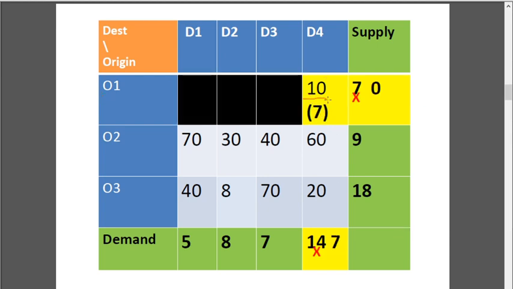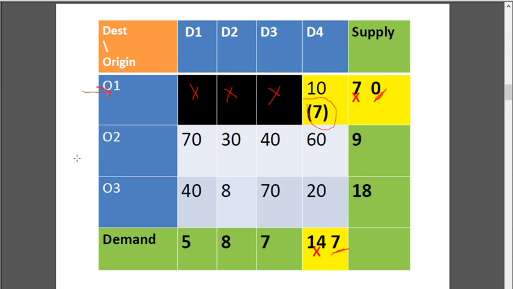If I supply 7 units, at the destination, the demand becomes 14 minus 7, that is 7, and the supply becomes 0. Since the supply is 0, you can delete the remaining cells in that row. So now the first row, origin O1, has been processed.